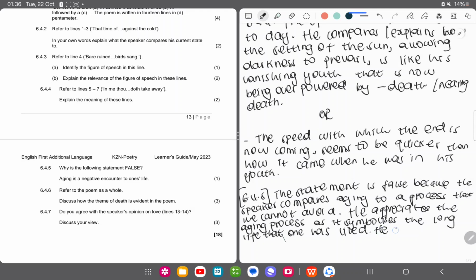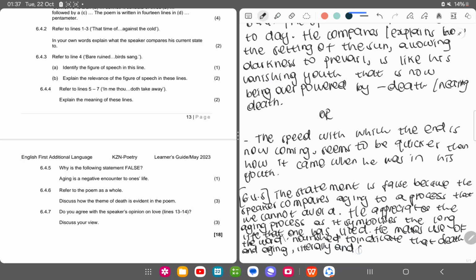He makes use of the word nourished to indicate that death and aging, literally and figuratively, are an end to a life well lived.